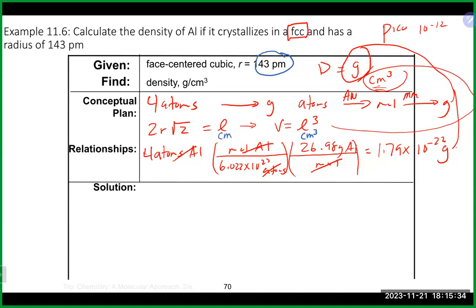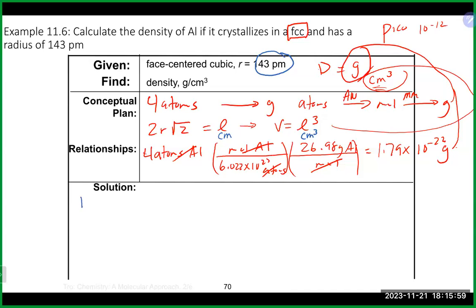Otherwise, if you wait to the end, you have to do some type of conversion at some point. So you might as well just convert it to the right units at the beginning. That way you'll be in the right units at the end. You do have to do it at some point, so like I said before, why not just do it up front?